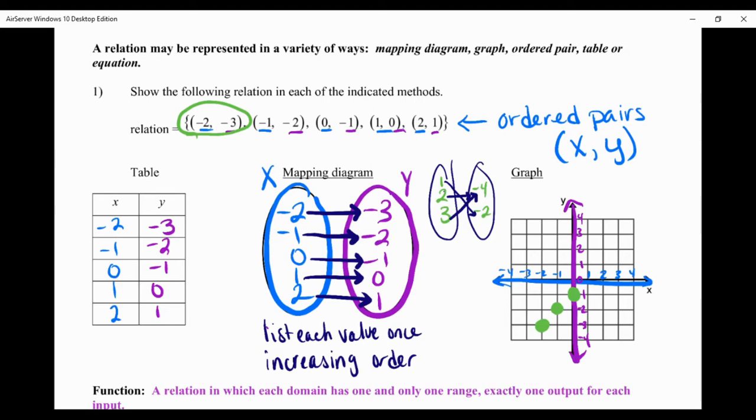So when x equals 1, it's going to be right on the x-axis. 2, 1. So when x equals 2, y equals 1. Like I said, this is a linear relation, so it's tempting to want to graph a line through those points, but we're just plotting the points because we're just representing the relation as a set of data points on this coordinate plane. So no need to connect and extend.